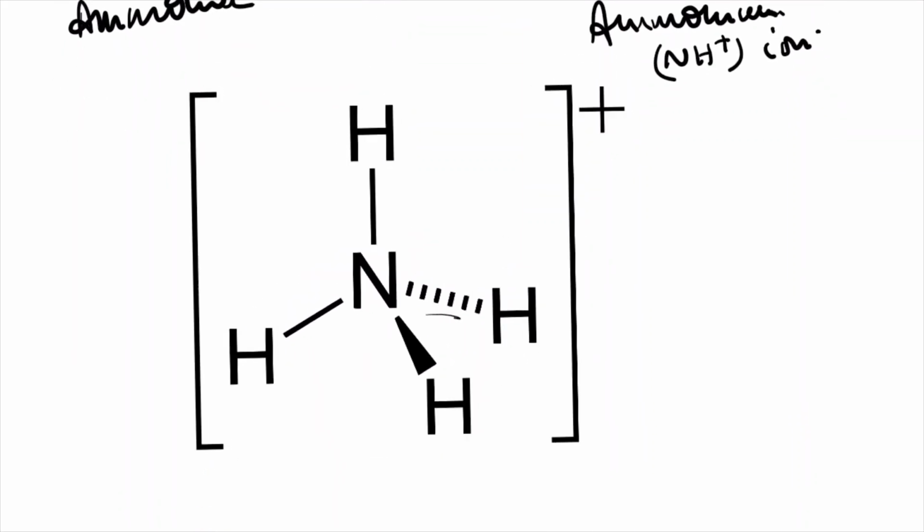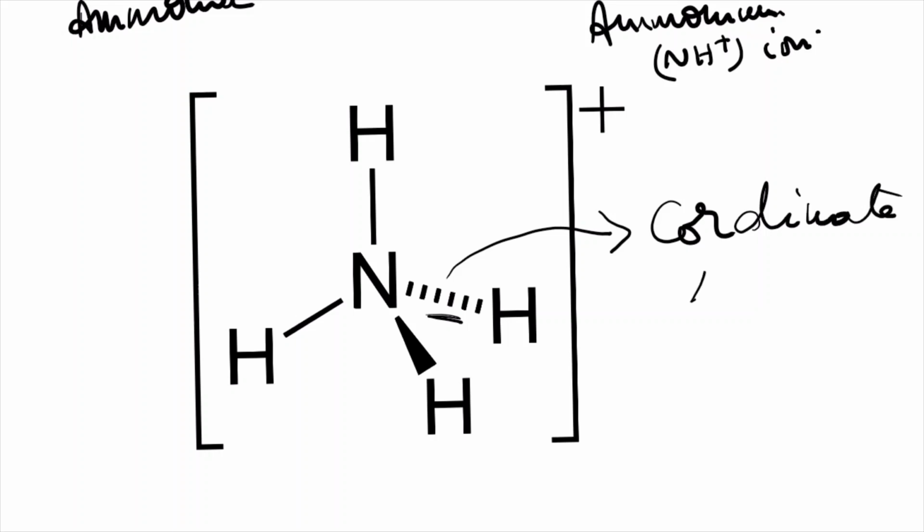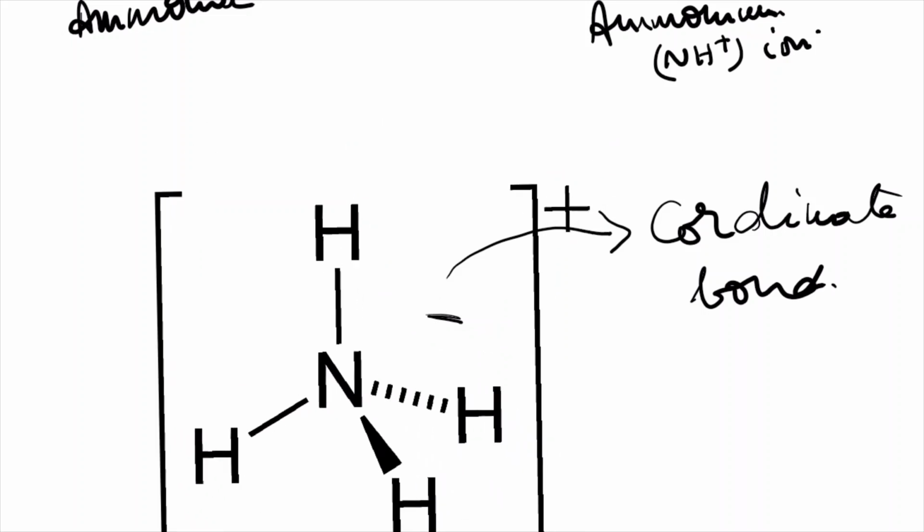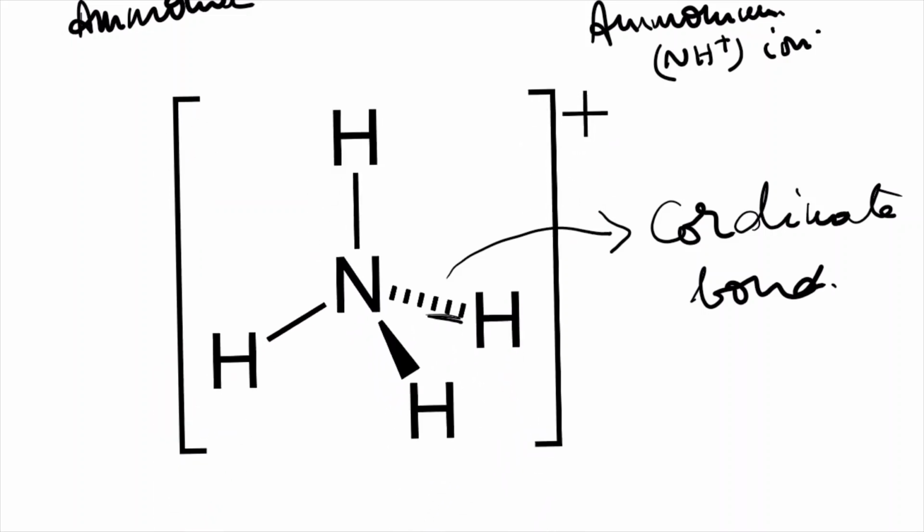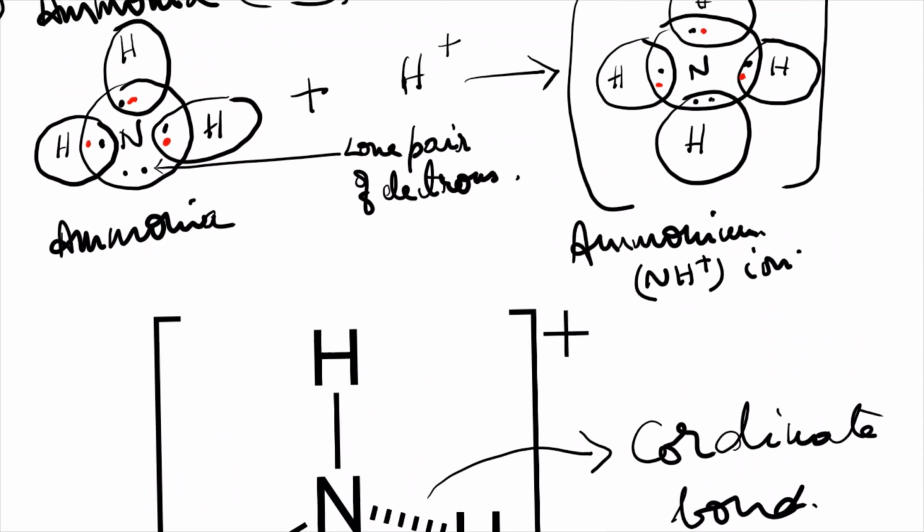This dotted bond is the coordinate bond, where the hydrogen ion does not contribute any electrons in the bond formation.